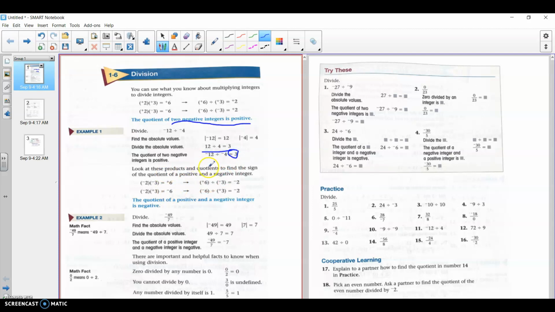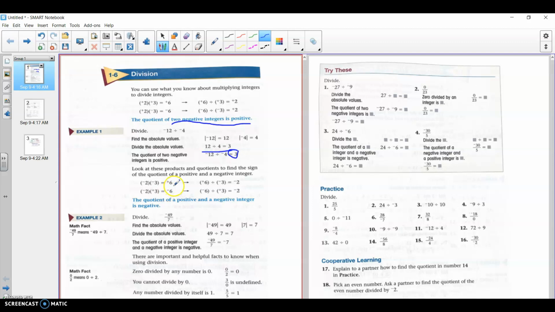Look at these products and quotients to find the sign of the quotient of a positive and a negative integer. So negative 2 times negative 3 is positive 6, and a positive 6 divided by a negative 3 equals negative 2. So those are both same signs up here, and then the bottom here is a little bit different than the top because they ended up doing positive 2, but look what happens here.